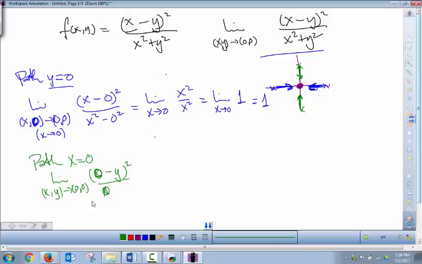Oh, x is equal to 0 plus y squared. So this is the limit as y approaches 0, right? Because x is already 0. Let's see, this is negative y squared over y squared. Negative y squared is actually positive y squared, right? Negative times a negative is positive, so it looks like this is also going to be equal to 1.